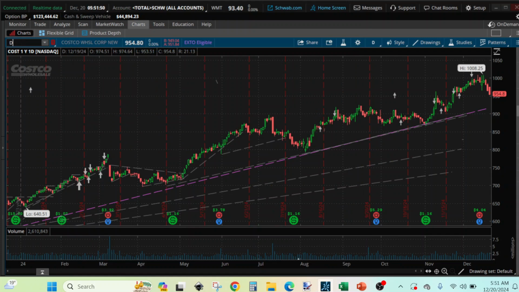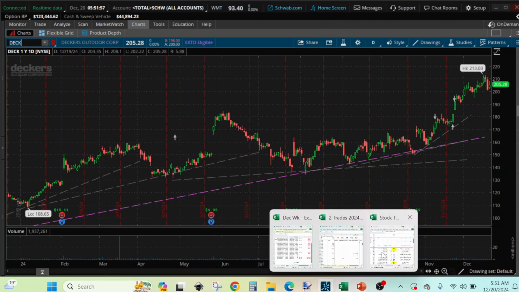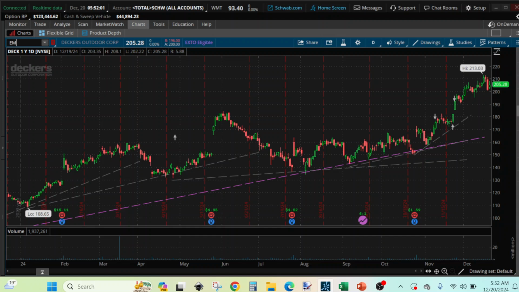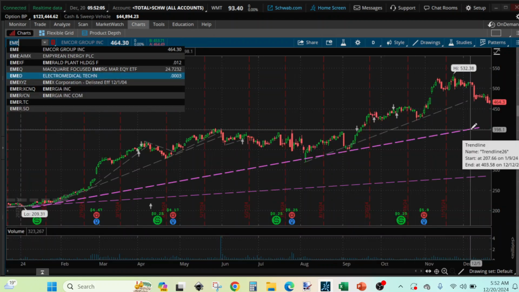DECK, that is the line that we will enter. EME, that is the line, 1 year trend line that we like to enter at.